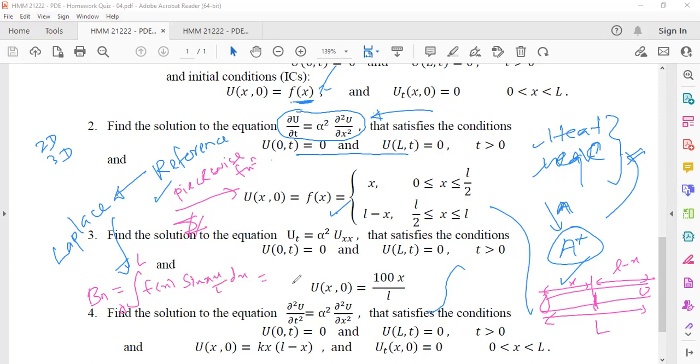So after substituting, you have to put 0 to L by 2, you have to put f(x) = x, for example, sin(πx/L). Again plus, L by 2 to L, you have to put the other one, let's say (L - x) sin(πx/L). Did you get the idea? And dx.